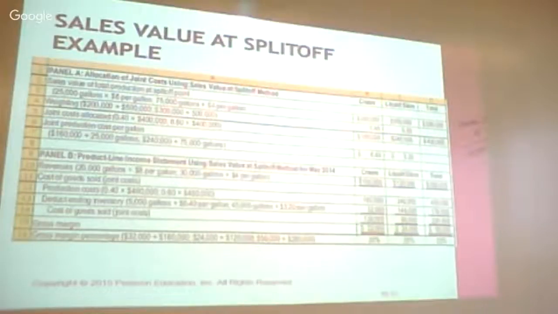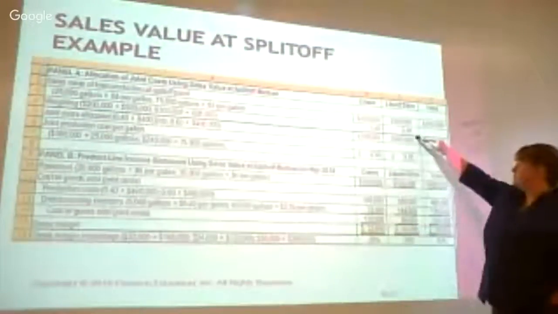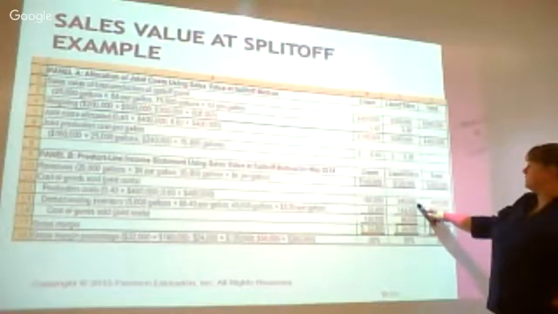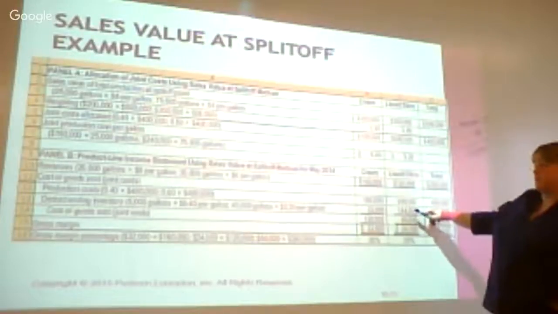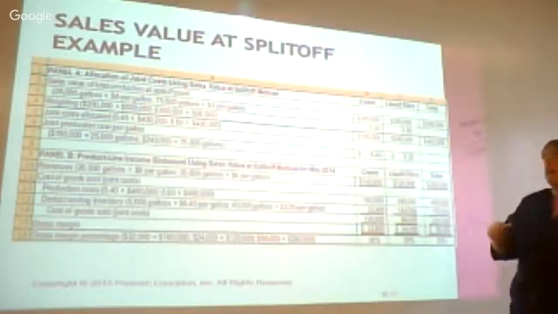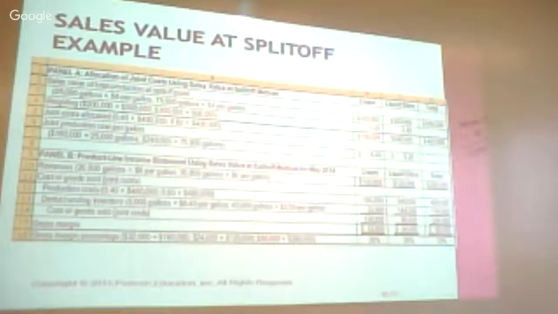Well, then I have the production costs. Well, we had 160,000 that goes to cream, 240,000 that goes to liquid skim. Then we have deducted the ending inventory. Well, what does it say our ending inventory was? 5,000 and 45,000.